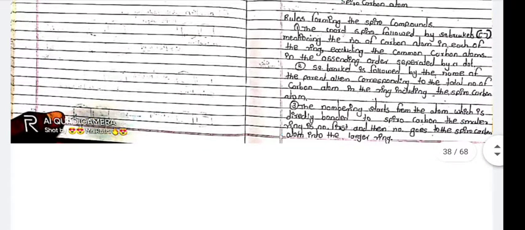The second point is that the square bracket is followed by the name of the parent alkane, alkene, alkyne, whatever it may be, corresponding to the total number of carbon atoms in the ring, including the spiro carbon atom also.